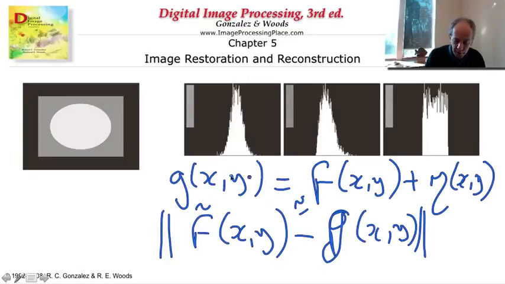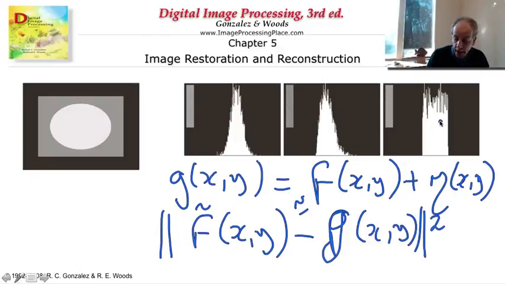Then the difference between these two should have a Gaussian distribution. So I expect my noise to have a Gaussian distribution. And we're going to see that we can impose that by imposing some properties on the mean square error, basically the error squared, or the difference between my observed and my estimated image.